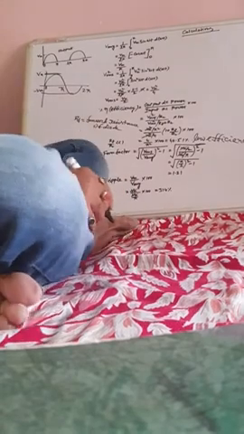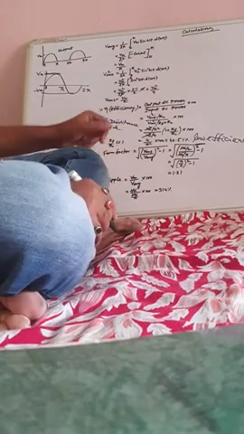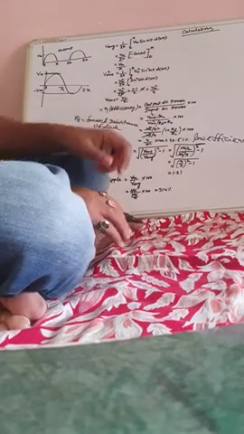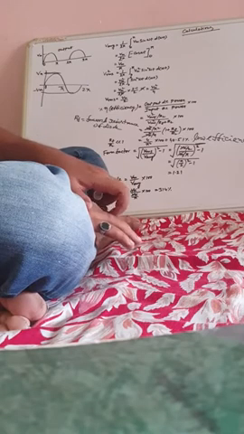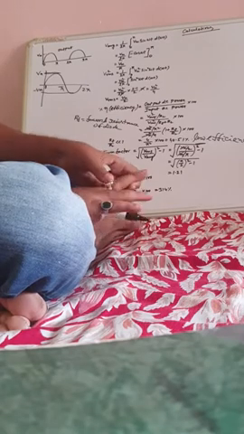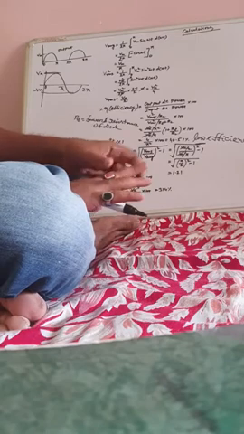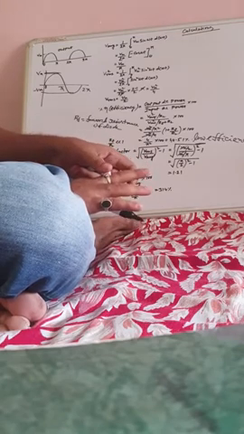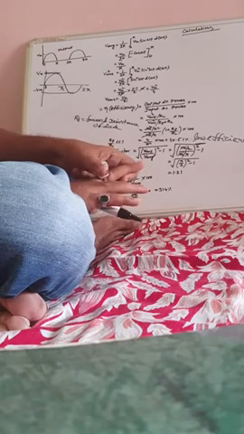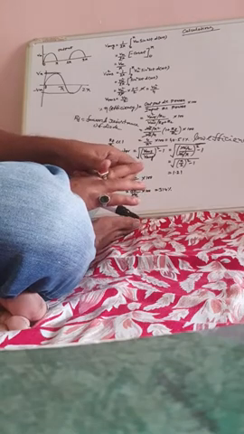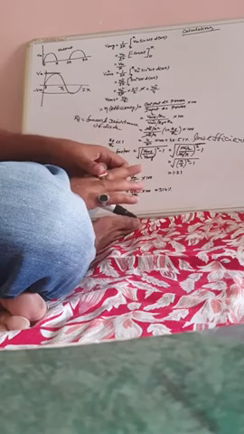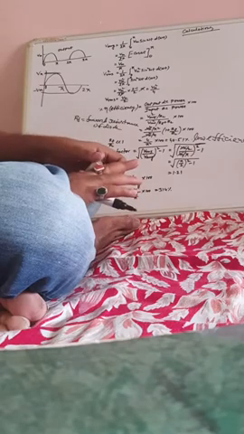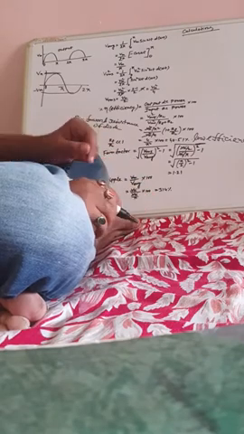The definition of form factor is Vrms by VAVG whole square minus 1. So for the half-wave rectifier, if you put the values, Vm by 2 divided by Vm by pi whole square minus 1, that means pi by 2 whole square minus 1, it is 1.21, the form factor. Now the percentage ripple is Vm by VAVG.